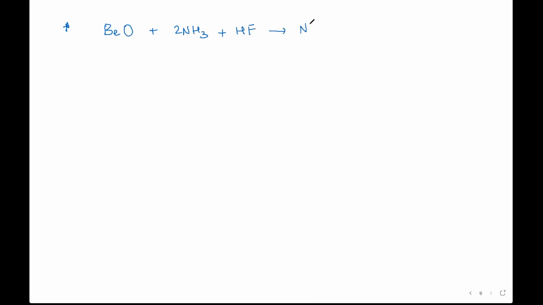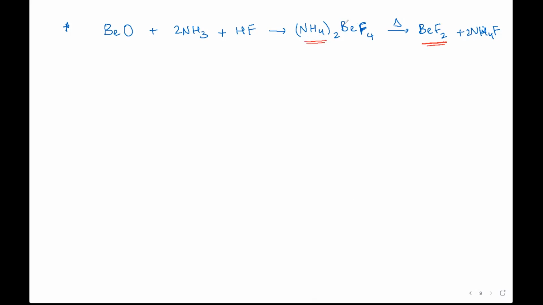This gives a complex with ammonium fluorate, which on heating loses ammonium fluoride, giving you BeF2. So if you want beryllium halide, this is one way to prepare it. Ammonia is required to form this ammonium complex.